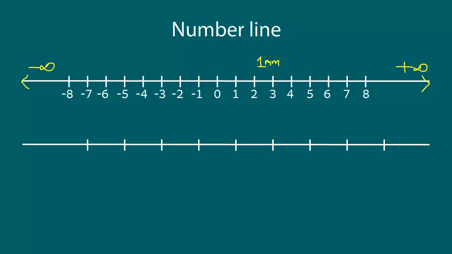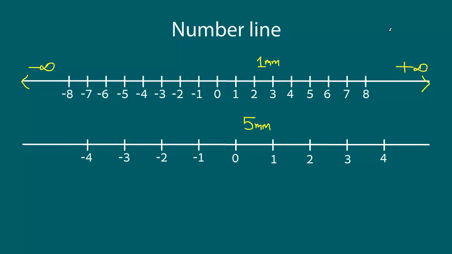Now let's do one thing. Let's now take a number line where we are going to make the markers a little bit more spaced out. So let's say here I have taken each marker 5 millimeter apart, right? So in that case, my number line will look something like this. So this will be my 0. And again, remember that it's completely arbitrary which one you pick as 0.